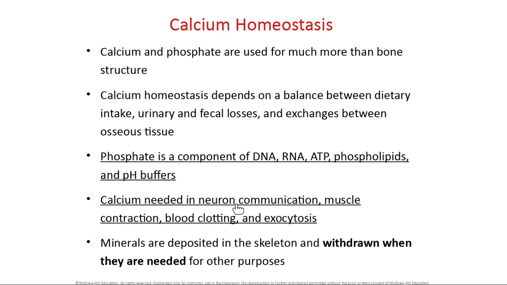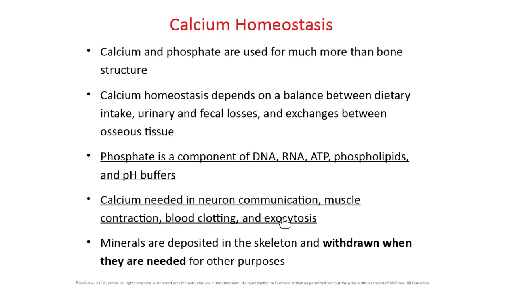Calcium, of course, is needed for a lot of very important functions. Communication between neurons: we need calcium for our brain cells to communicate. We absolutely require calcium for muscle contraction. You can't do muscle contraction without calcium. You'll also remember it's related to blood clotting.